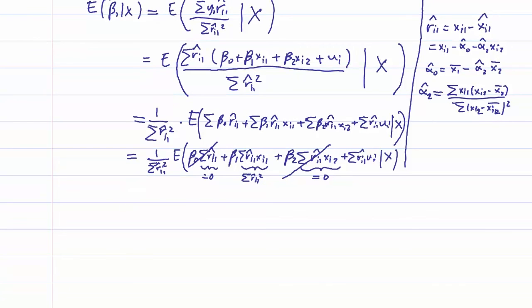Let me rewrite this. We have 1 over the sum of ri1 hat squared, and the rest disappeared, so now we just have the expectation of beta 1 times the sum of ri1 hat squared plus the sum of ri1 hat ui conditional on x.